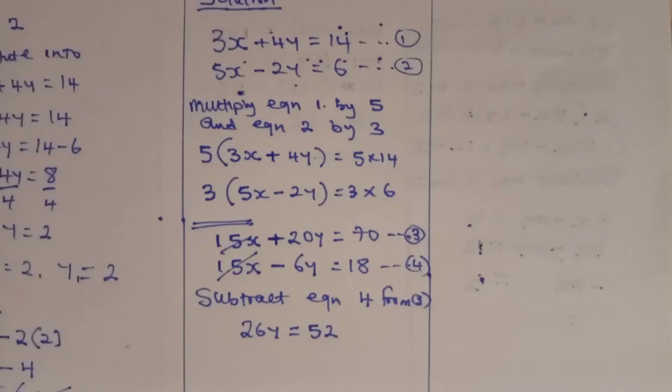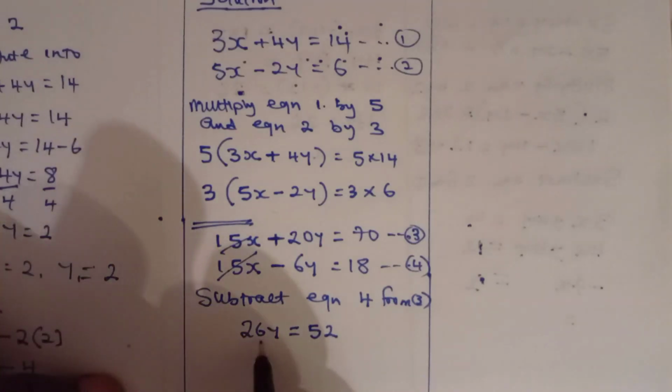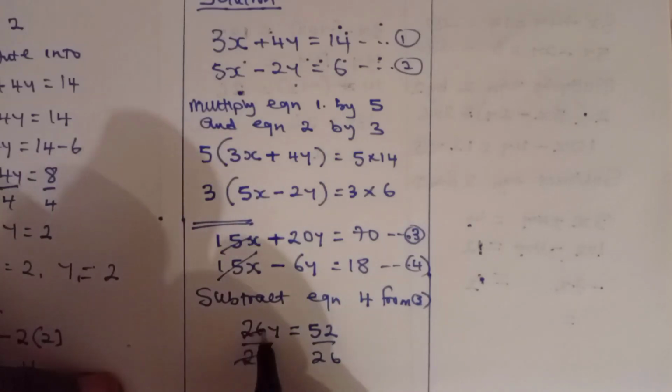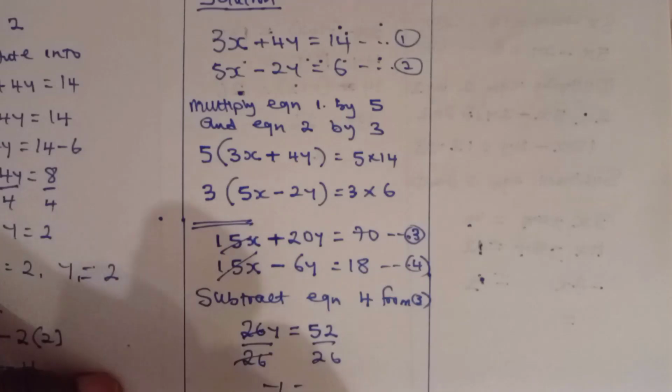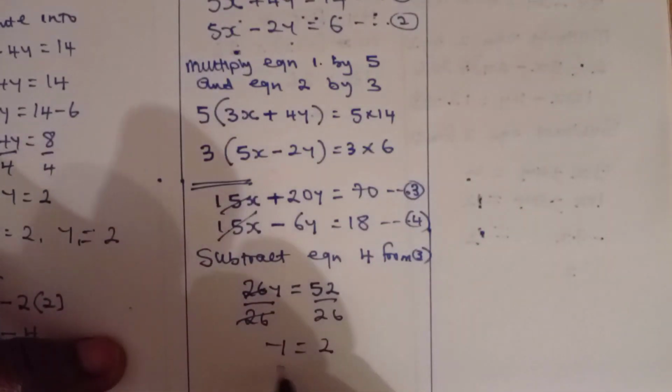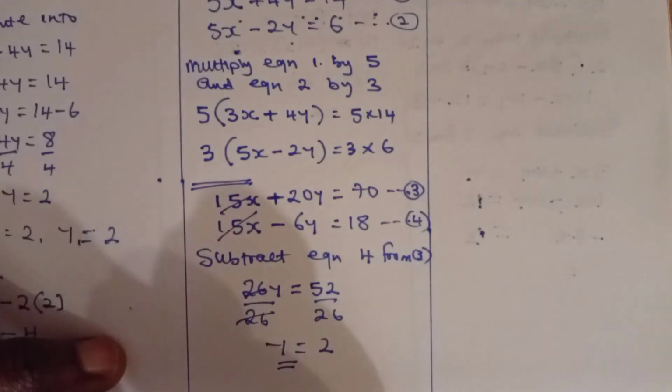Correct? So 26y equals 52, so we'll divide both sides by 26. So we cancel that and we have y equals what? 52 divided by 26 is going to give us 2. So y is 2.